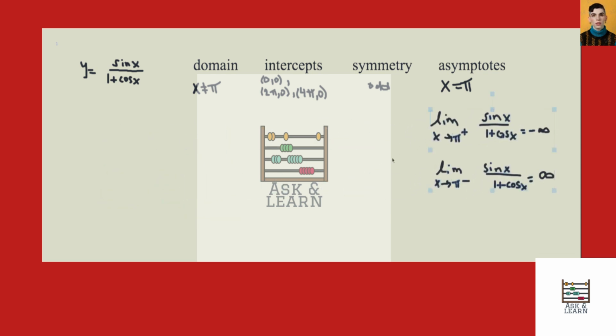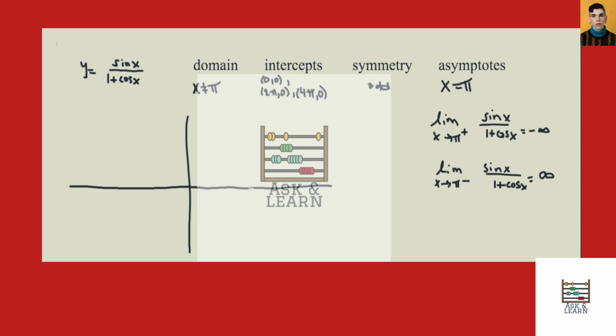So this is the information that we have to graph. So let's go ahead and try that. Obviously this is a periodic function, so you're going to see a repeat. First of all, let's put in our axis.